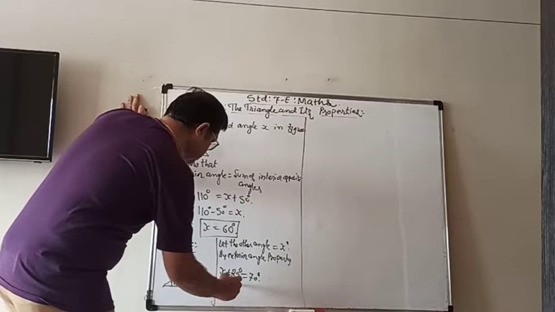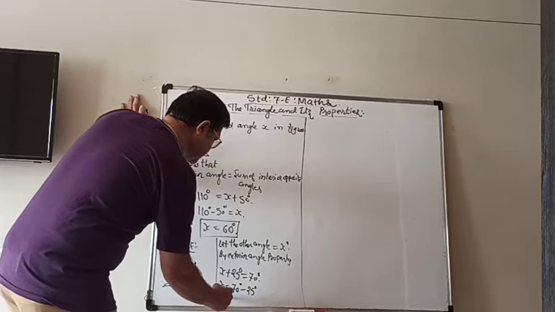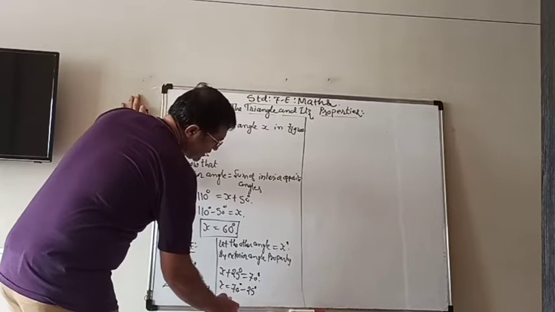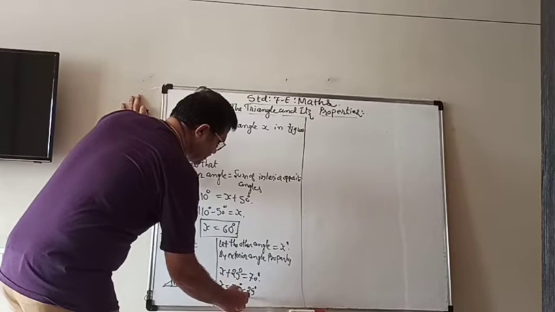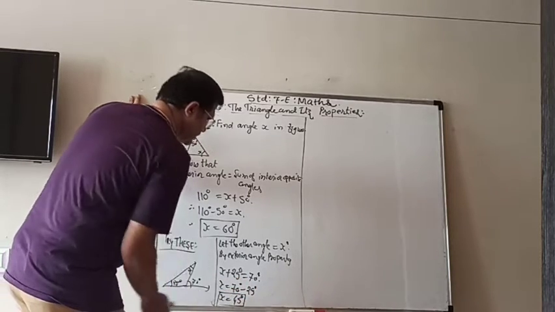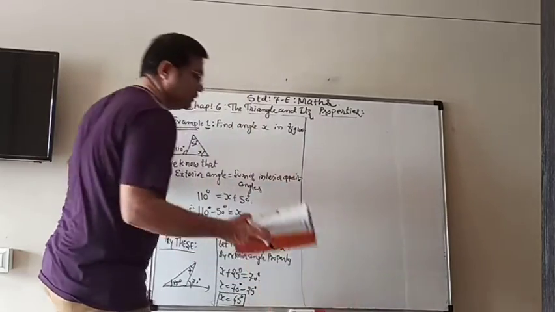So x is equal to 70 degree minus 25 degree, which is 45 degree. So by this way we can find the value of the unknown angle.